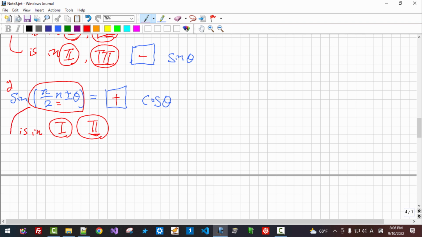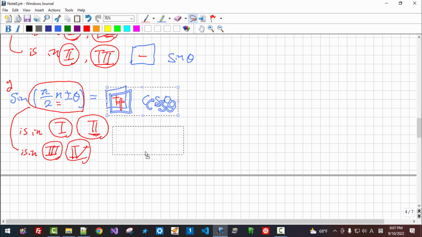If this angle is in the third quadrant or in the fourth quadrant, y is negative. So this should be negative.